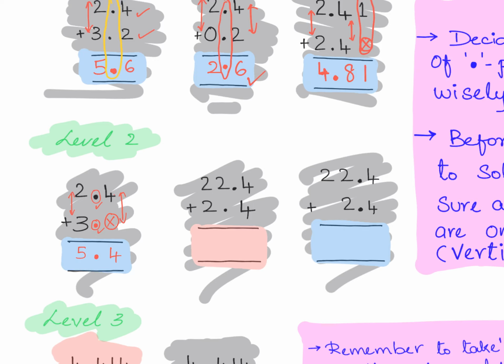The next one is adding 2.4 to 22.4. Yes, 4 and 4 gives rise to 8, and 2 and there is nothing over here, so 0. So 2 plus 0 is just 2, and in the first column it is 2 and 2, that is 4.